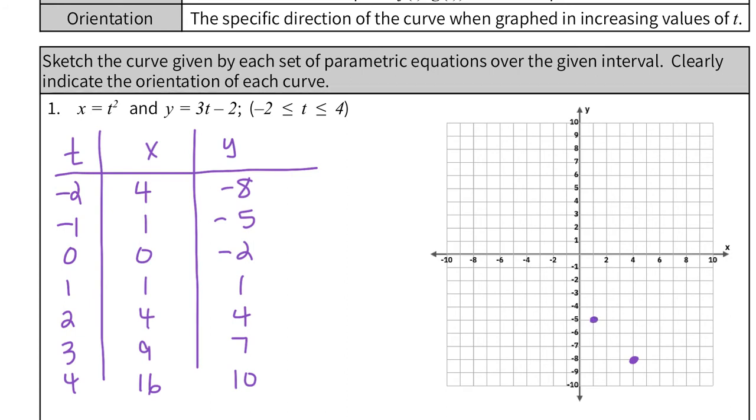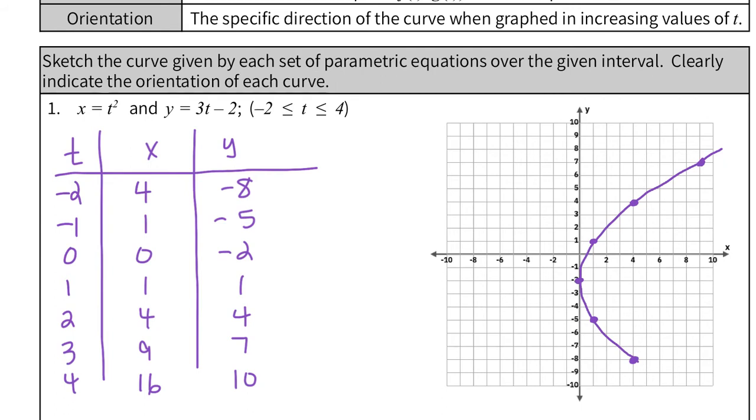Then 0, -2. 1, 1. 4, 4. 9, 7. And then 16, 10 is not going to fit on our graph, so can't really draw that. So there's our curve. So let me just connect the points. And it would keep going because it has to hit the 16.